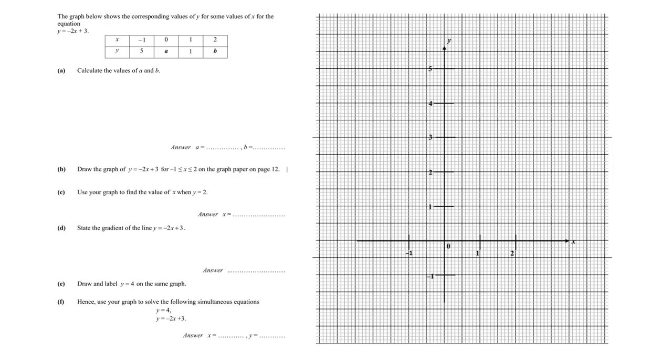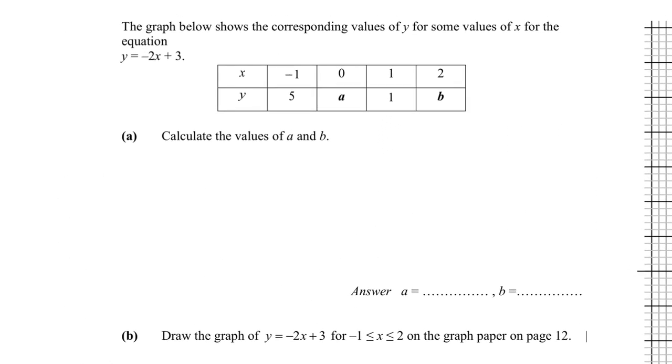Hello everyone, welcome to this question where we are given an equation. y is equal to negative 2x plus 3. Find the values of A and B. Okay, to find the value of A, let's take a look.